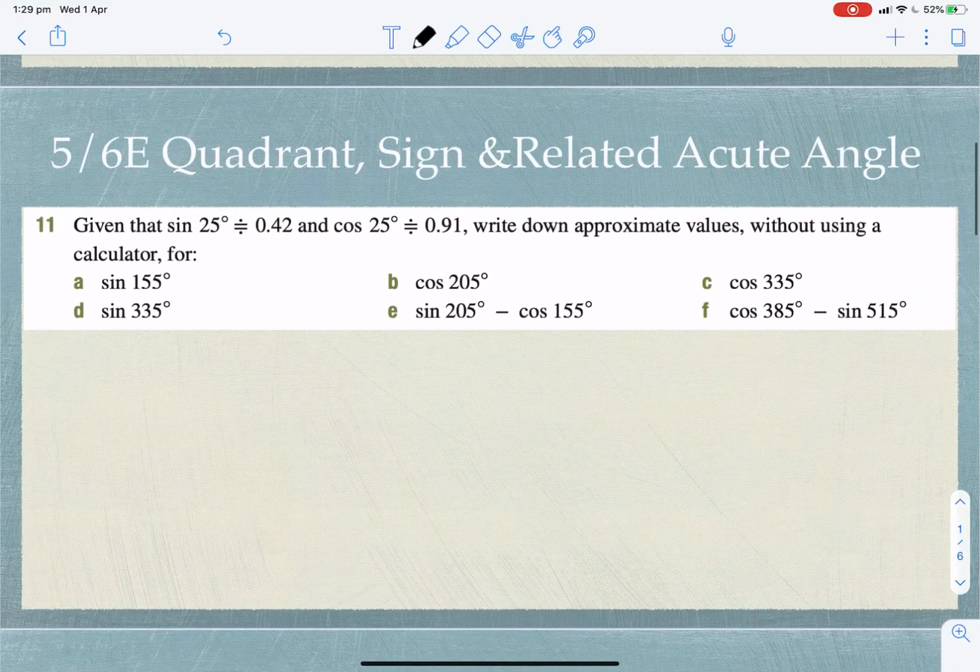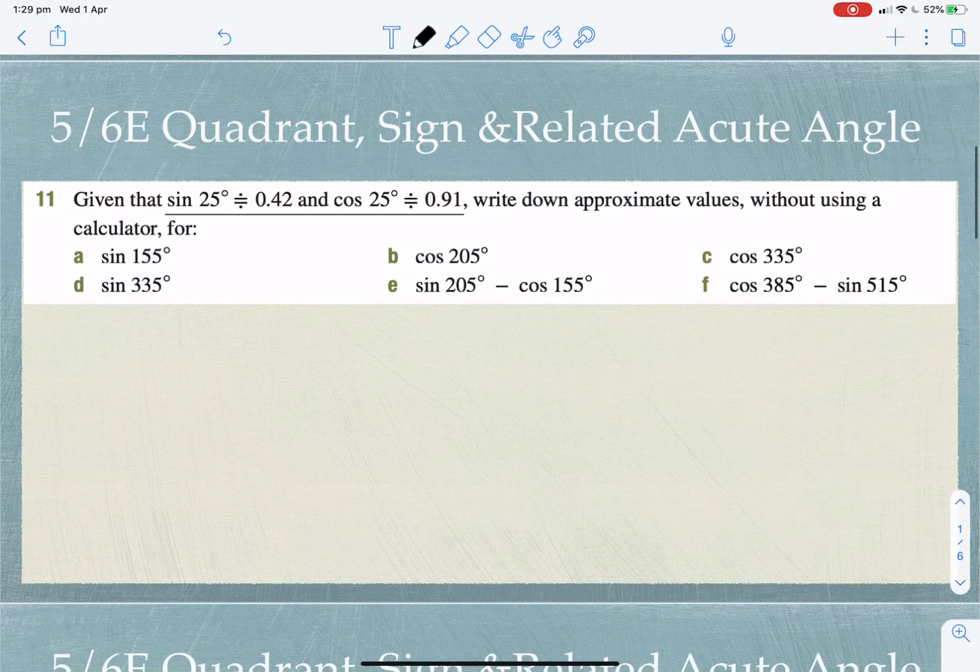Okay, so today we basically just go through a few harder questions. So for example, those ones, in this case, basically we don't need calculators, just need those two to work it out. If you doubt, you can always punch in the calculator and see whether you got it correct or not. So for the first one, sine 150 degrees is basically sine 180 degrees minus 25 degrees.